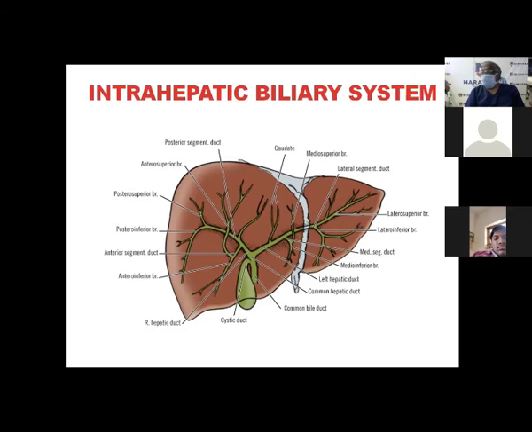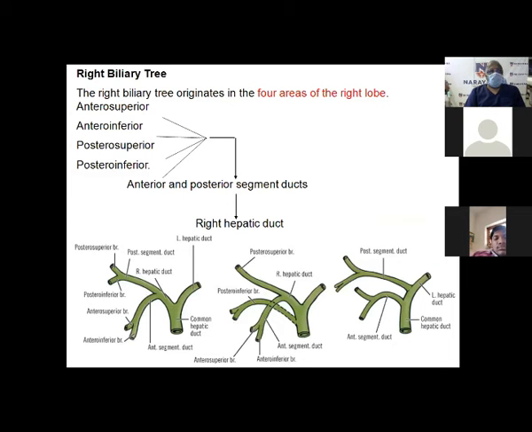What is that? The right biliary tree, this is what it is. The right branch divides into posterolateral and anteromedial, again 5 and 8. This is again 5, 6 and 7. And left. Left further divides into... next.